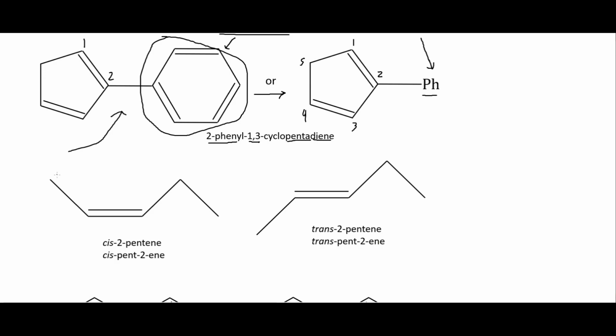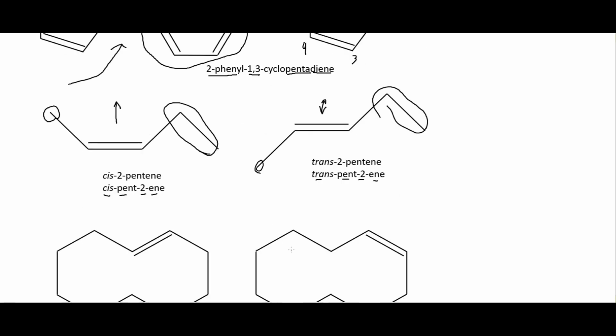So we see this right here and this right here coming off of it both in that direction, where trans means that this right here and this right here are coming off in opposite directions from each other off of this double bond. So this one is the cis pent-2-ene, and this is the trans pent-2-ene. So cis means going in the same direction, trans means going in opposite directions.